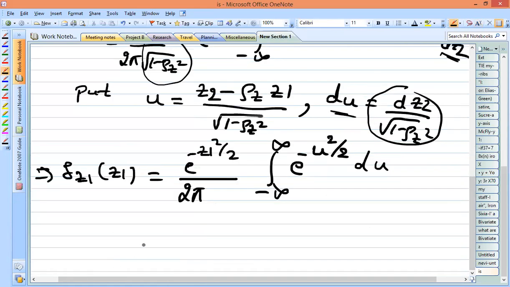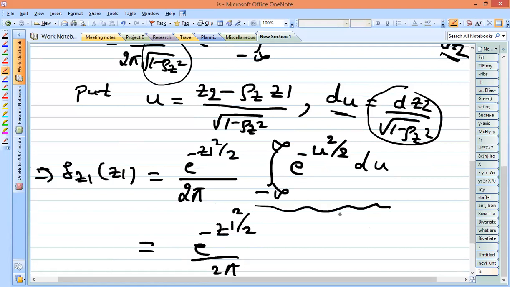Now it can be written as e to the power minus z1 square by 2 divided by 2 pi. And according to the standard derivation, in module 1 itself we have shown that integration minus infinity to plus infinity e to the power minus u square by 2 du always results in the value root 2 pi. This you need to remember.